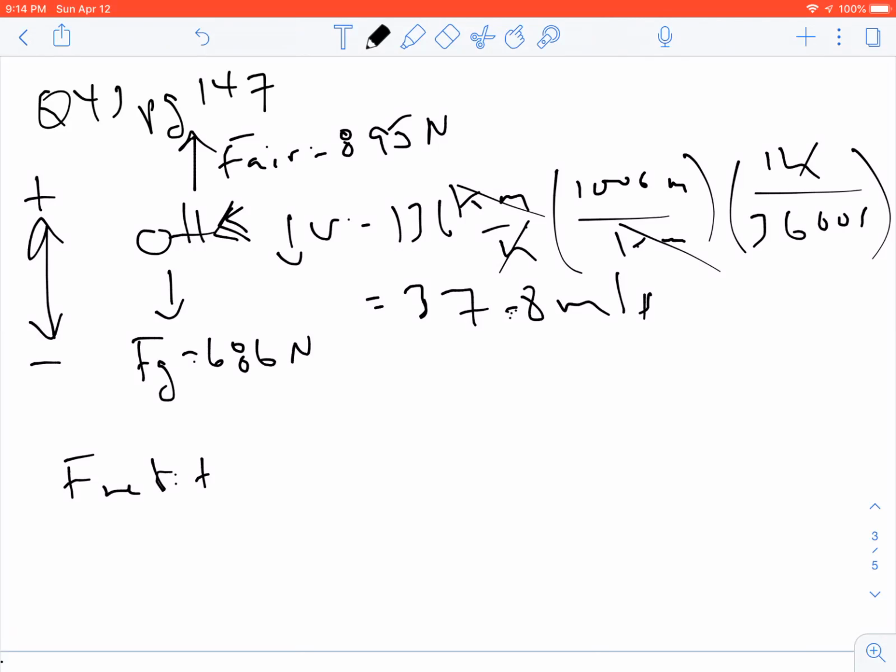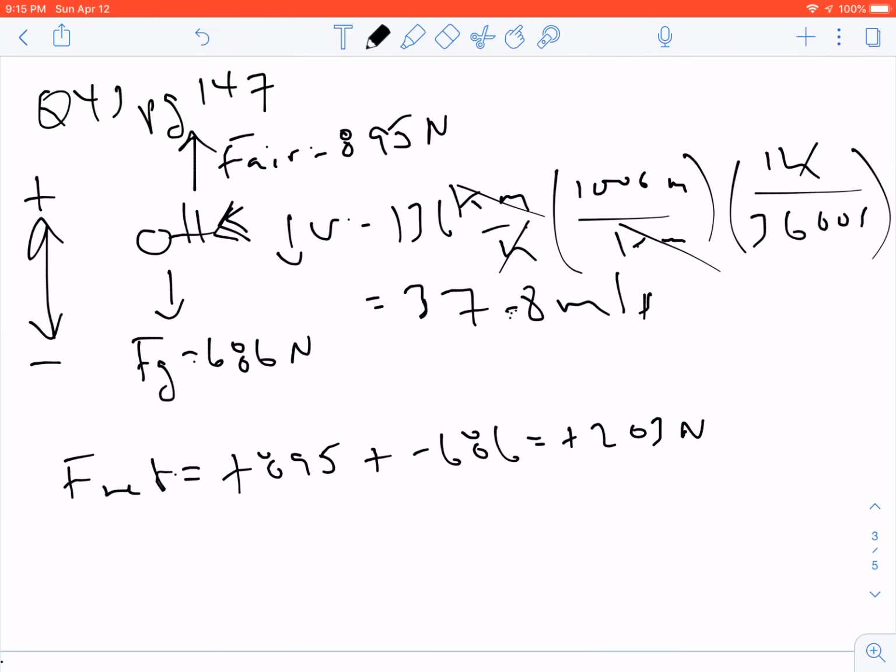let me erase those. F net is equal to the plus 895 plus the minus 686 because of gravity. So the F net is going to be plus 203 newtons. Okay, what that's telling me is the net force is actually pushing her up, which is why she's going to slow down as she's falling.